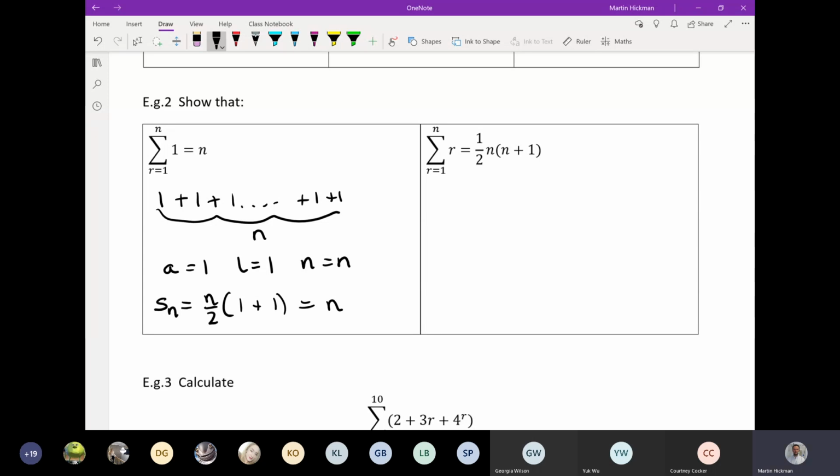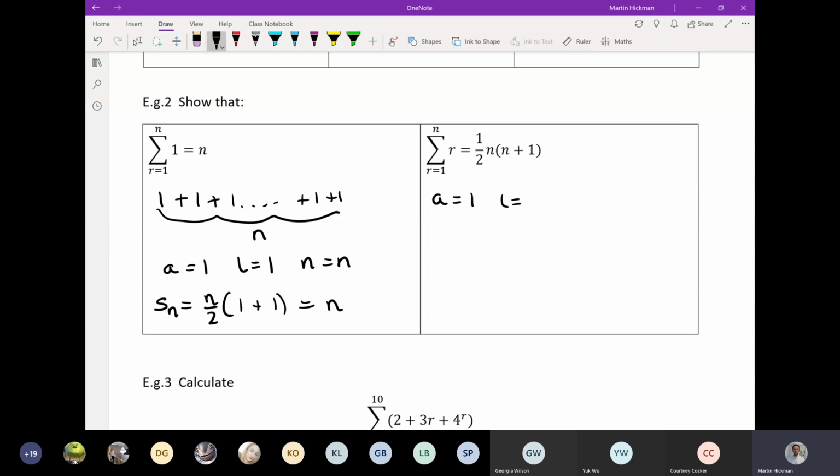Using a similar approach, we can prove that the sum of the r's from r equals 1 to n, which just means 1 plus 2 plus 3 plus 4 all the way to plus n. All we do here is look at the first term again, which is going to be 1, this time subbing in r equals 1.